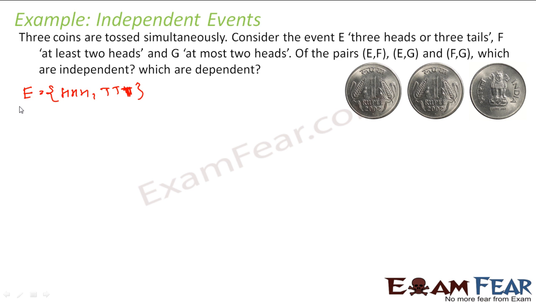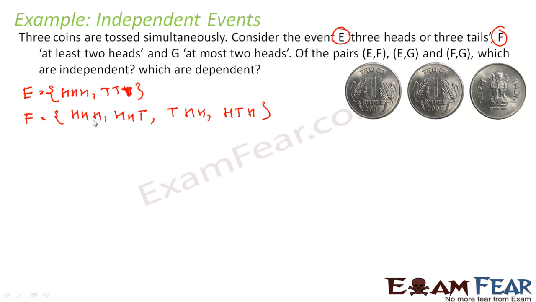Event F is at least 2 heads. So F can have 2 heads and 1 more head, or 2 heads and 1 tail, right? And I can arrange this, so the tail can be first or it can be second. So F will have these values, right?